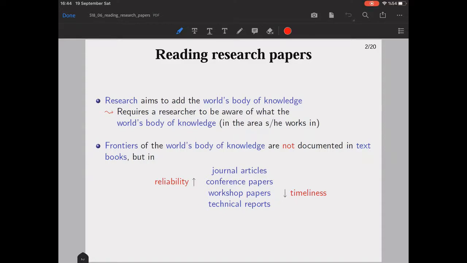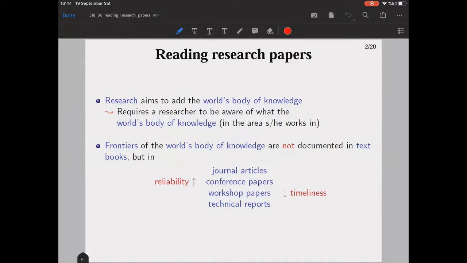Without knowing the state of the art or current trends in the body of knowledge, it's impossible to make a contribution. It would be like doing research while blinded. So you need to have a grip on the world's body of knowledge in the area you're studying.